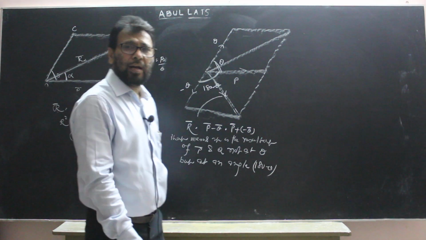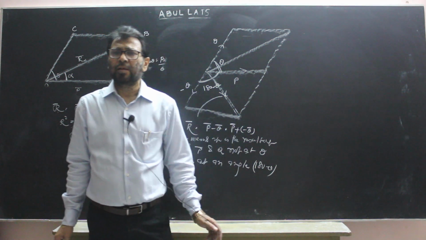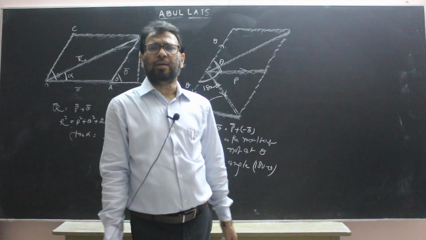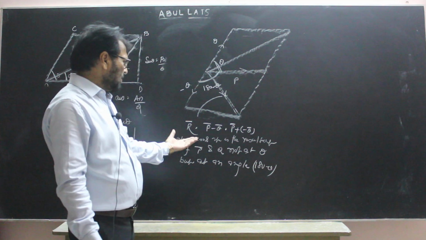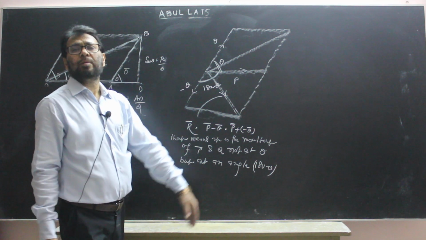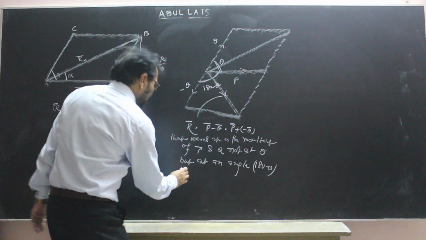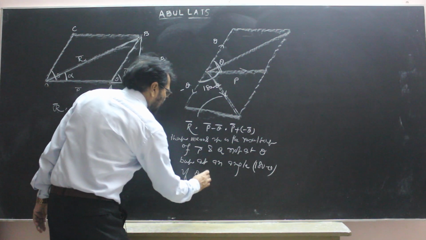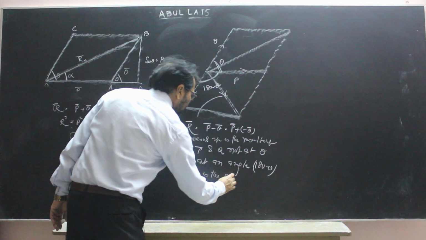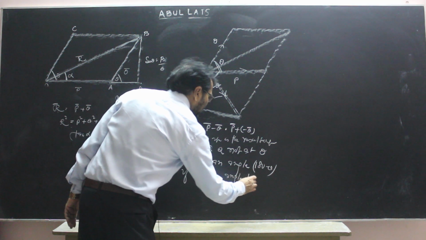So if we are going to calculate R is equal to P minus Q, it is the resultant of P and Q at 180 minus theta if theta is the angle between P and Q.